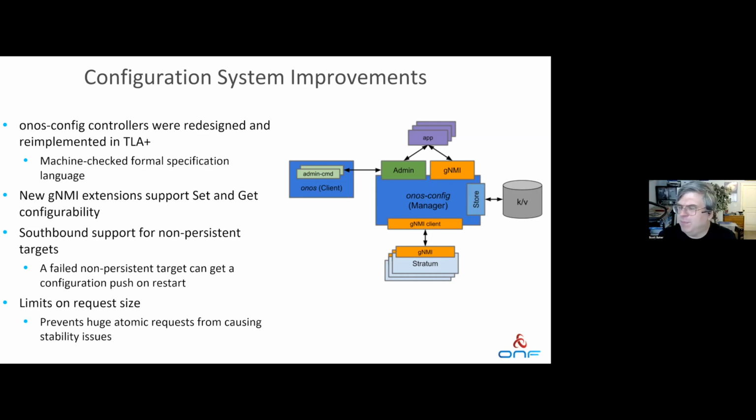Next, we implemented new GNMI extensions to allow configurability of the GNMI set and get operations. And then we updated the southbound to add support for targets that are stateless. So that was one issue we had previously, is that our adapters are generally stateless. And when an adapter would restart, it would restart empty, and there would have to be manual intervention required in order to repush state to that adapter.